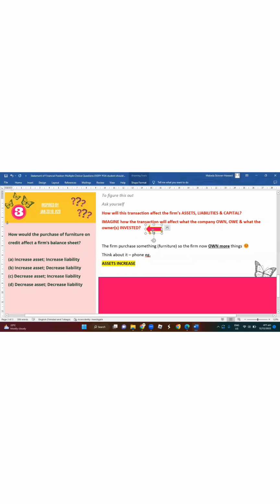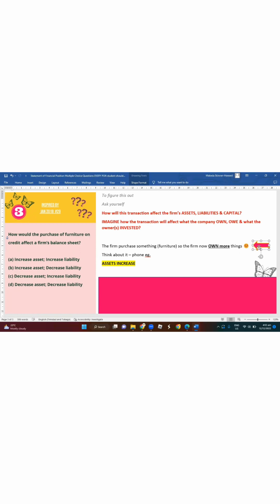The firm purchased something, right? So which is the furniture. So the firm now owns more things. Think about it. If you already have, let's say you have a Samsung phone, you come and you purchase an iPhone. You now have two phones. So when you purchase, you get more things, all right?